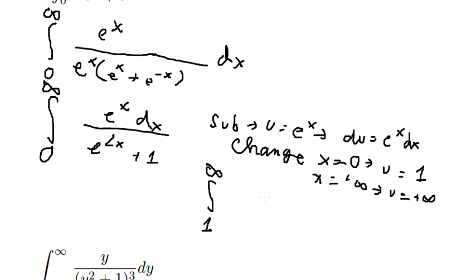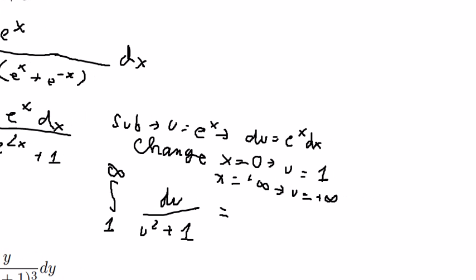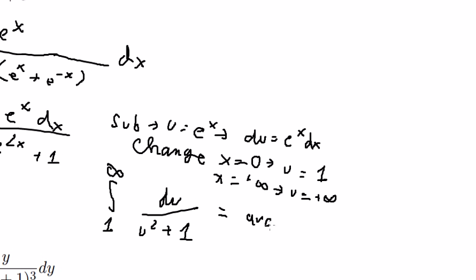So on the top we change for du. This one you got about u square plus 1, and we can put about ln of u, and we have infinity and number 1.